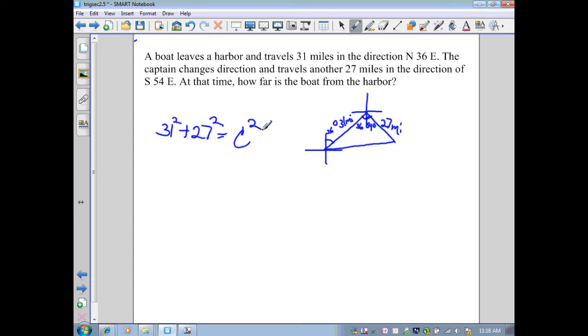When I simplify this and take the square root of both sides, c is equal to the square root of 31 squared plus 27 squared. When I put that into my calculator, my distance from my original starting point, or hypotenuse, is going to be 41.1 miles.